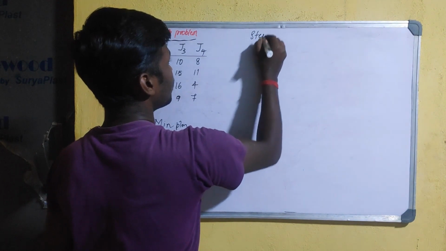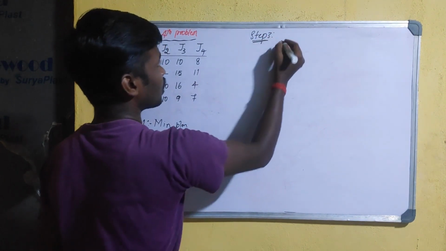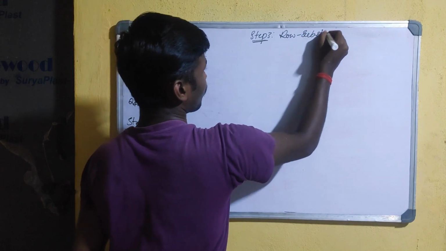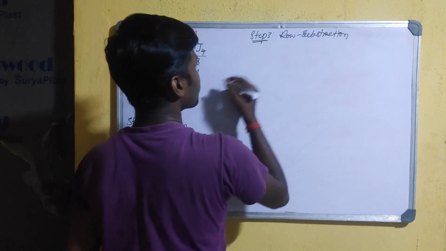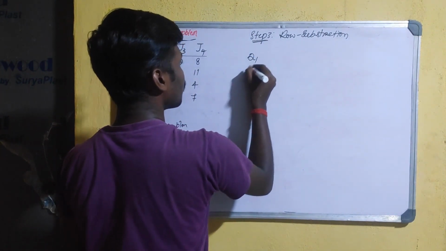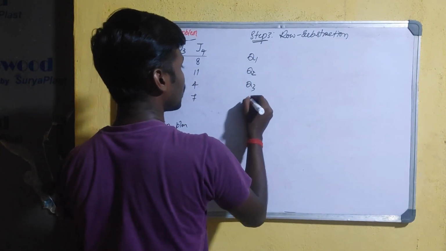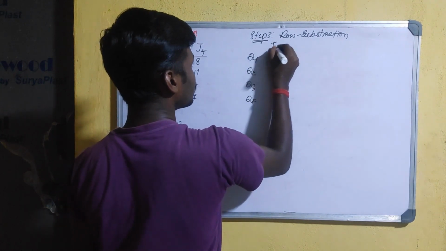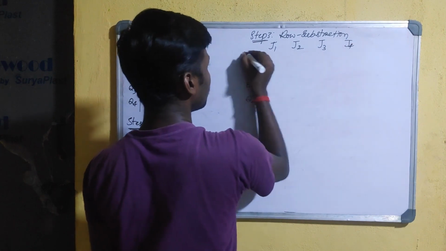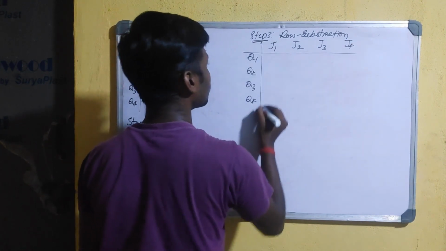That is step number 3, row subtraction. Row subtraction. So how many operators? 4 operators, Q1, Q2, Q3 and Q4, and job 1, job 2, J3 and J4.